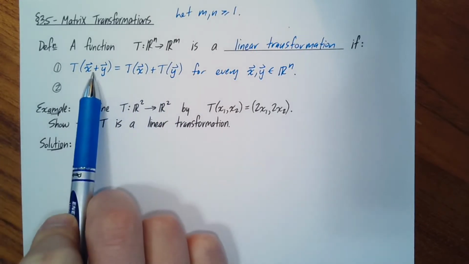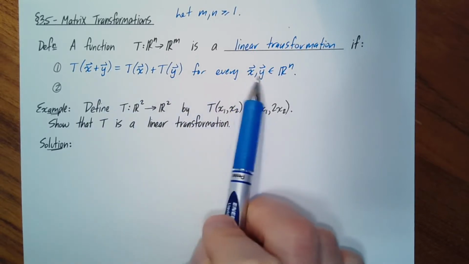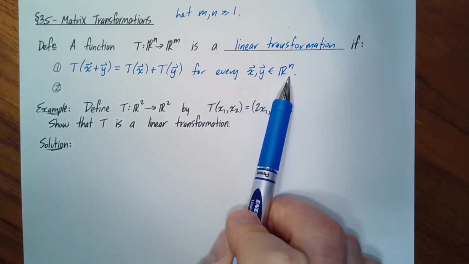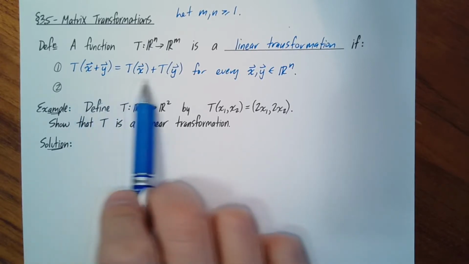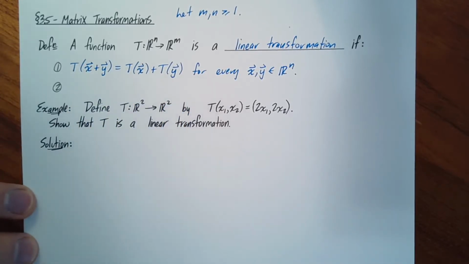But with this addition sign, we're adding two vectors in R^n, because x and y are in R^n for the purposes of this statement. So that's the first condition that has to hold. If you have two vectors in R^n, you can either add them and then plug them into T, or you can plug them into T separately and then add them afterwards. You're going to get the same result either way.